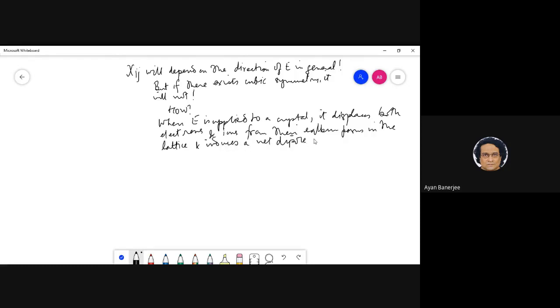That is what we know. This is what we call the polarizability as well, right? Dipole moment per unit volume is called the polarization.